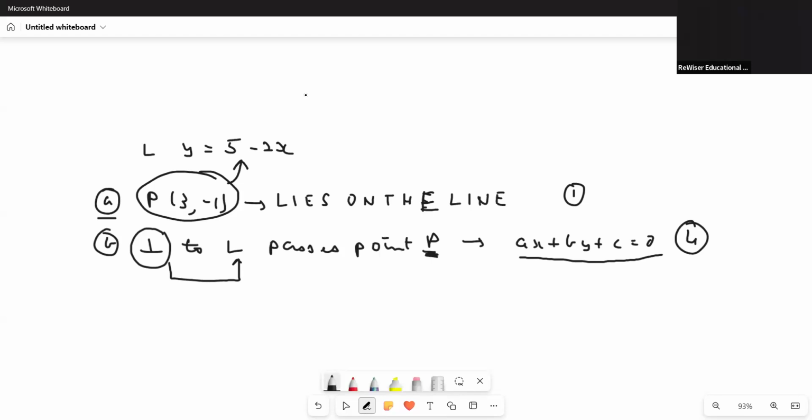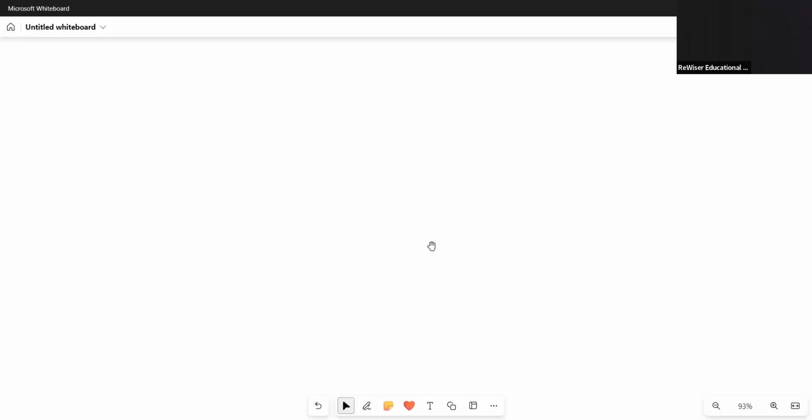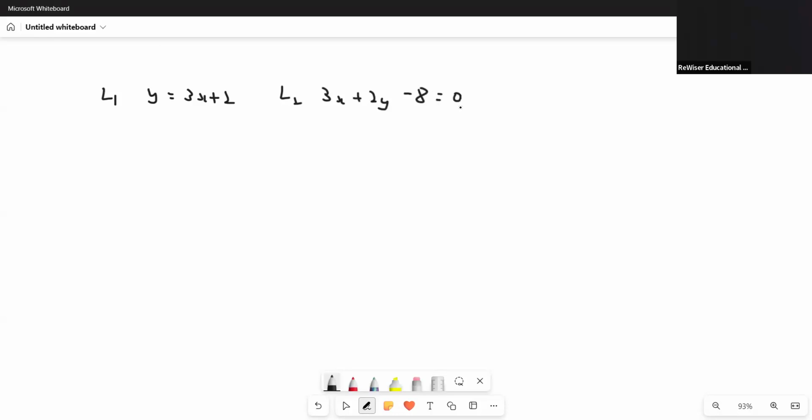Okay. So I'm erasing this and placing the other question here. It says that the equation of a line L1 is y = 3x + 2, and L2 has an equation which is 3x + 2y - 8 = 0.